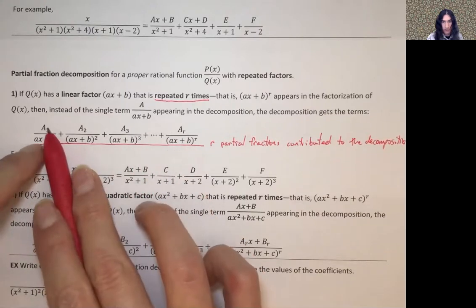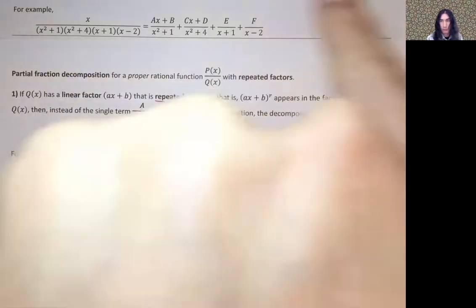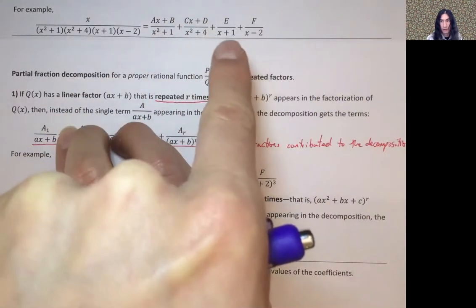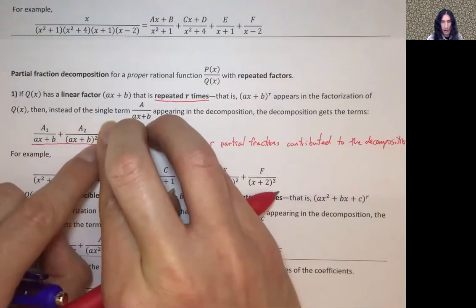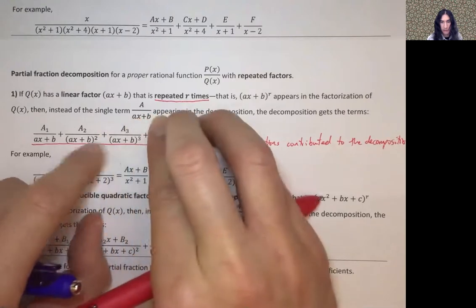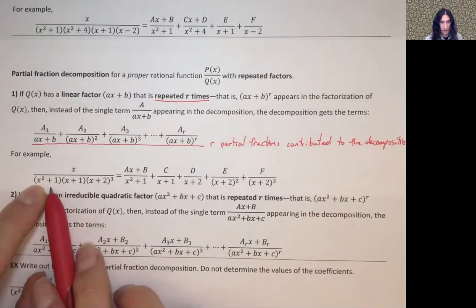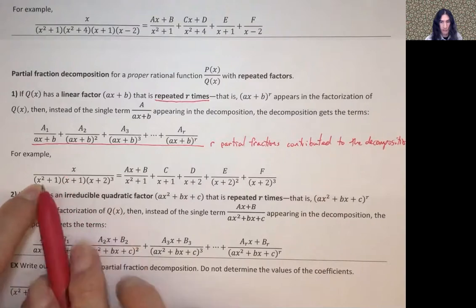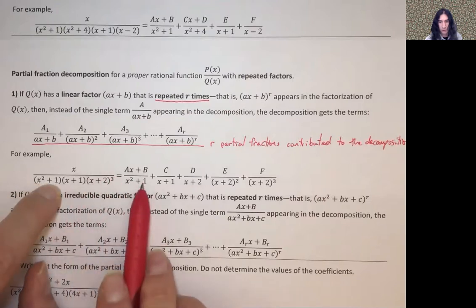So you have an unknown constant over the linear. This much would be identical with what we would do up in the original case, okay, like this e over x plus 1. But now we have to count up the powers. Now we get another partial fraction like this, another one like this, and like this, okay? So for example, for this rational function here, I have an irreducible quadratic. So it goes over here and we have an unknown linear.